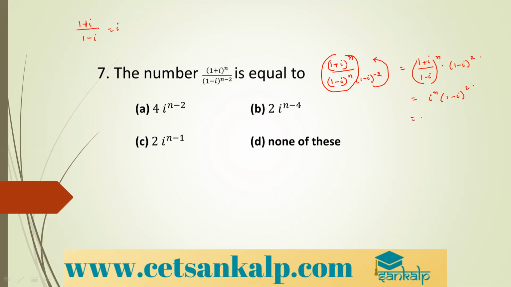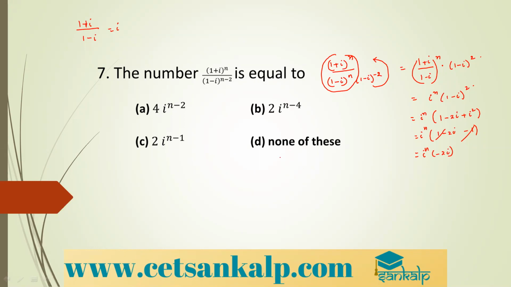I will write i power n, and I'm taking (a minus b) whole square: a square minus 2ab plus b square. Now I can write 1 minus 2i. i square is minus 1. So that 1 and minus 1 will cancel. So I have i power n outside and minus 2i inside.